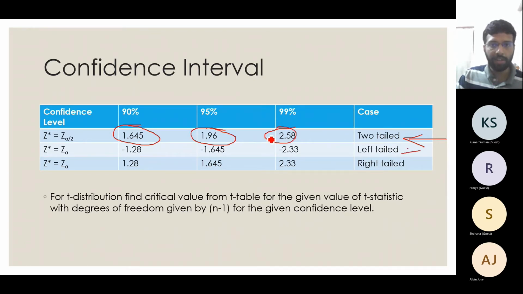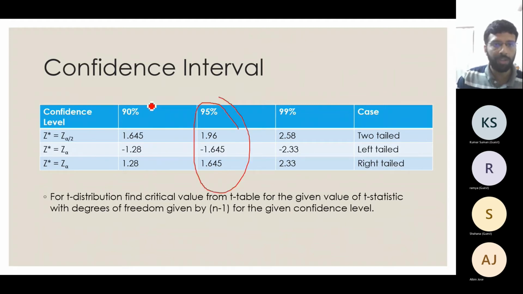Similarly, for a left tail test or right tail test, left tail test it will be negative, right tail test it will be positive. Like the 95% case we saw, it is minus 1.645 and 1.645. Some table like this you can always keep as a handy reference, or you can memorize just 2-3 values, because 95% is the most important. So you can memorize these two values, 1.96 and 1.645.